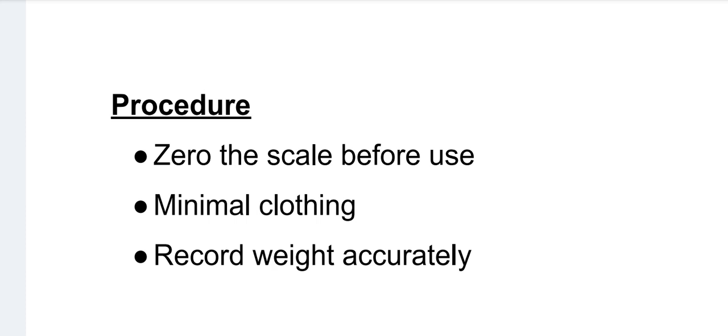You always zero vernier calipers before use. So even here, we must employ that knowledge and zero the scale before use. The importance of zeroing it is that you don't have a starting error, you don't have a margin of error. Imagine the scale is already on 5 and then you want to measure the weight. It's going to lie. It's going to add that 5 as an error.